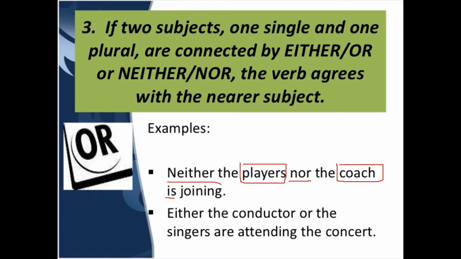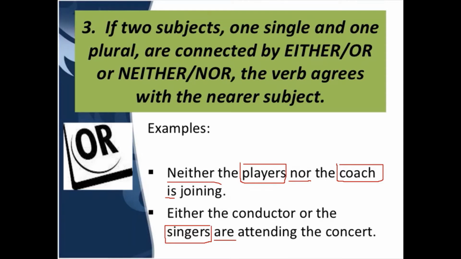Now in the next example, either the conductor or the singers are attending the concert. The verb used is are. Why are? Because the nearer subject in this sentence is singers. Singers is a plural noun. That's why the verb used in this sentence is are.